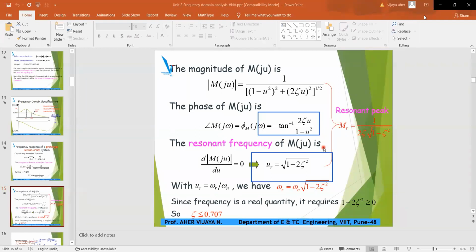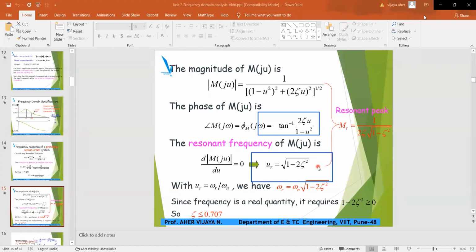In order to find the resonant frequency of mju, what you have to do is take the derivative of this mju, equate it to 0 and solve. You will get the normalized resonant frequency ur equal to under root of 1 minus 2 zeta square.